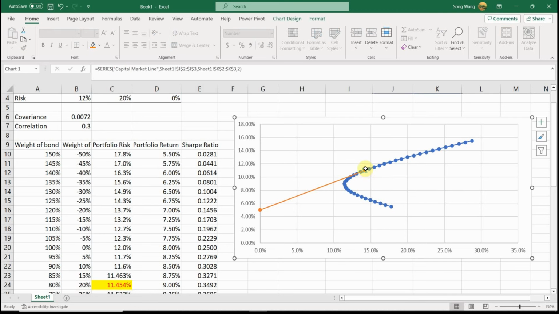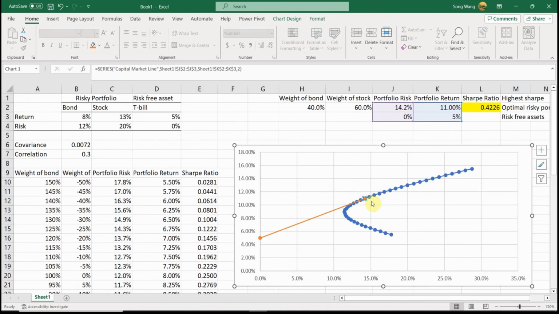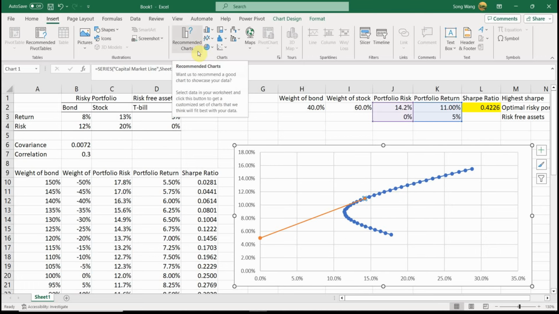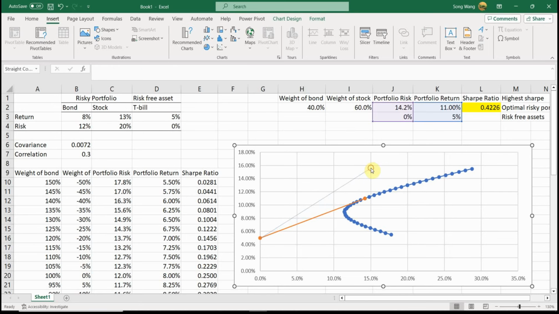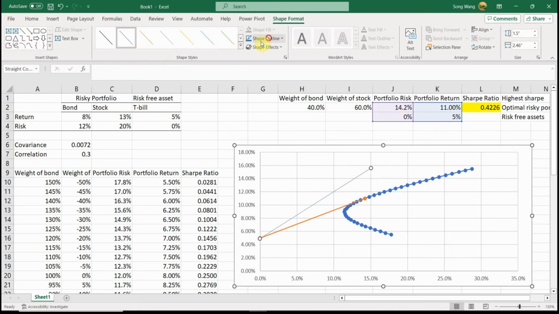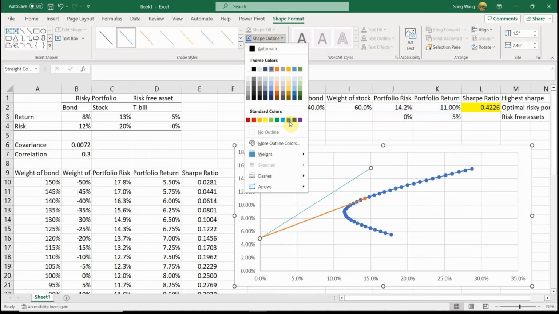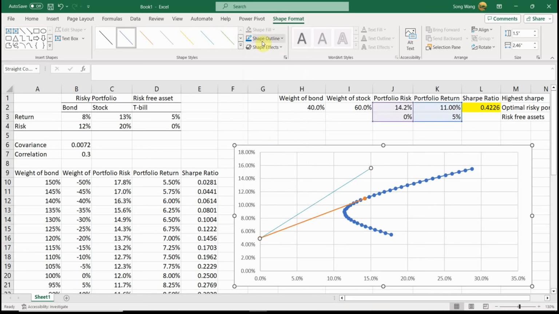So right here at this particular point, this is your optimal risky portfolio. That's when the Sharpe ratio is the highest. If I draw another line, let me just draw a line here, from the risk-free rate all the way to here, I wouldn't call it a good investment choice for you, because this line is completely unavailable.